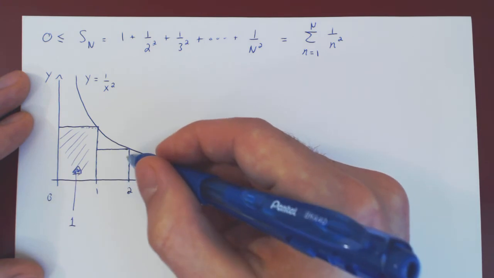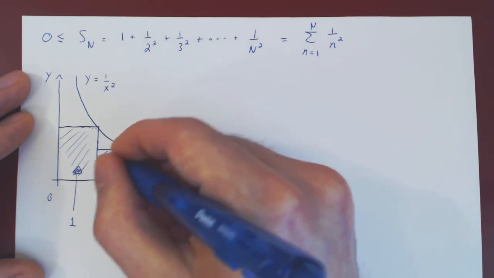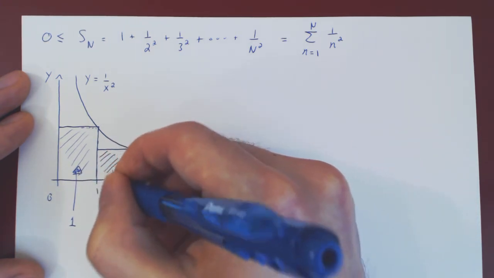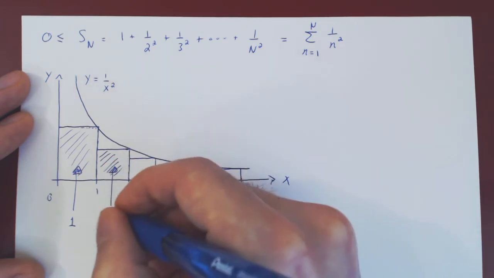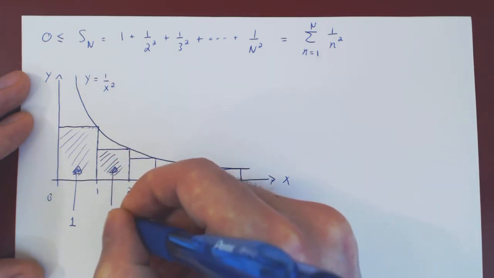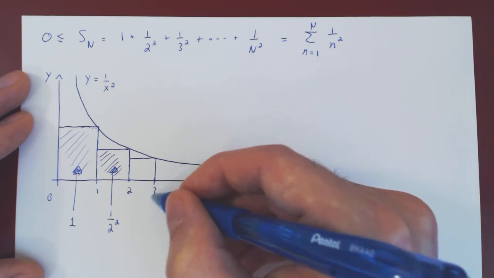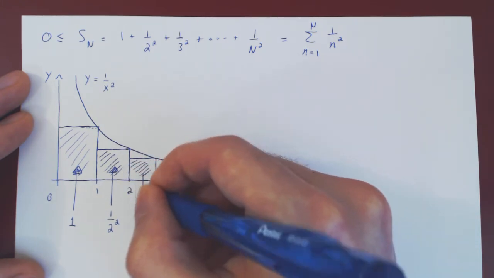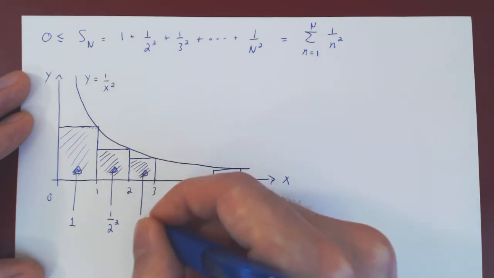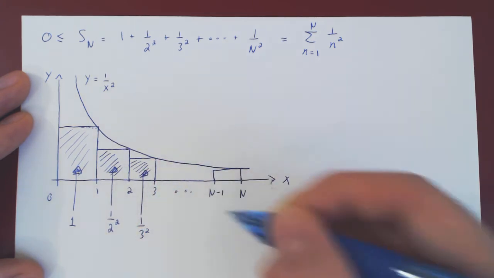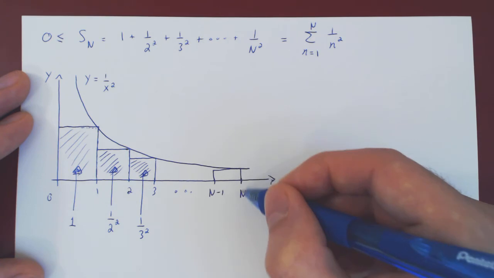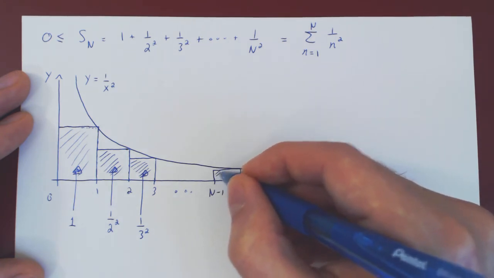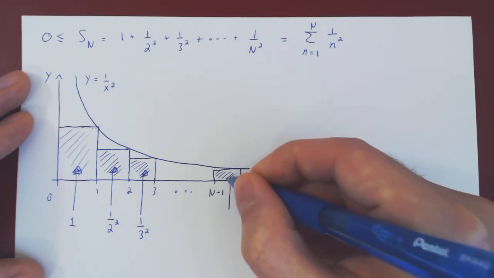The height here is 1 over 2 squared, so the area of this rectangle is 1 over 2 squared. The height here is 1 over 3 squared, so the area is 1 over 3 squared. Up to here, the height is 1 over uppercase N squared, so the area is 1 over uppercase N squared.